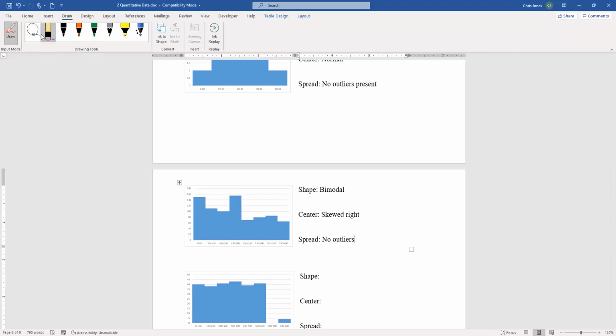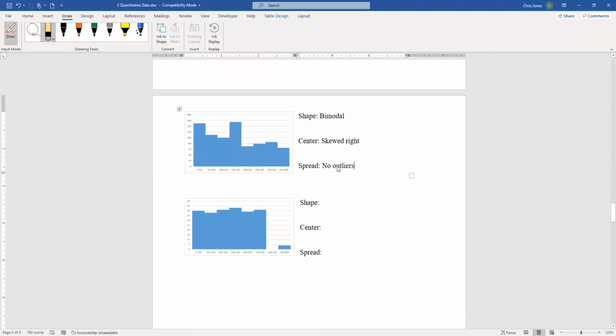Then finally, we take a look at this last graph. The large majority of the graph is flat. If I could draw a line right about here, there's not much space above or below. So what we say about that is that this is basically a uniform graph because there are no peaks.